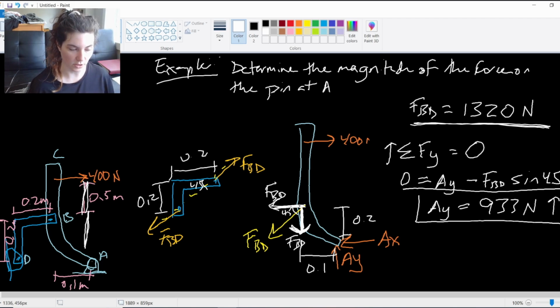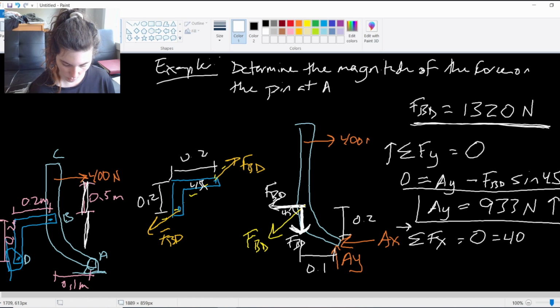So that's one force, and now I'll need to find my other one, and I can do that with just the summation of the X forces, with to the right being positive, equals 0. It equals 400 from our applied force up here, right? We don't want to forget that. 400, plus, oh, not plus, minus, actually.